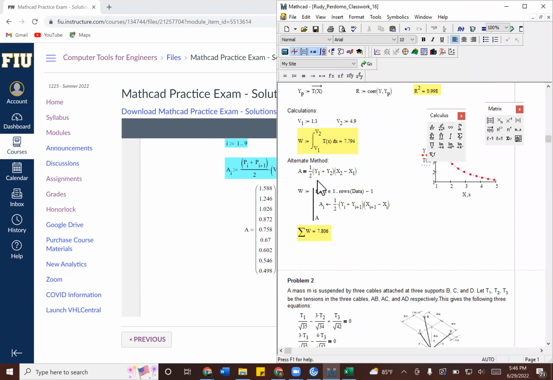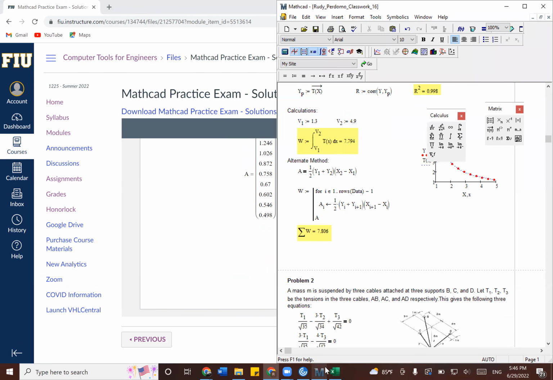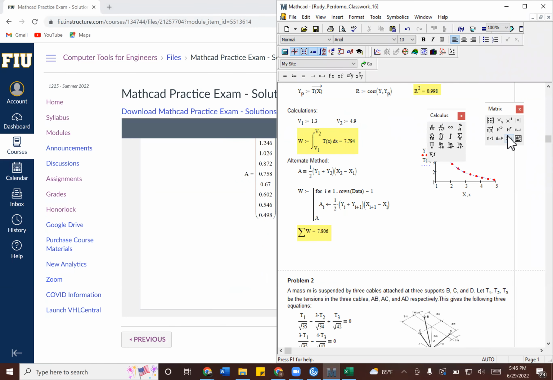Okay, and then I should be able to do A equals, and then, yep, I have the same thing. Cool. Oh, and then area. What is that last part? It's that vector sum thing I showed here, this one.